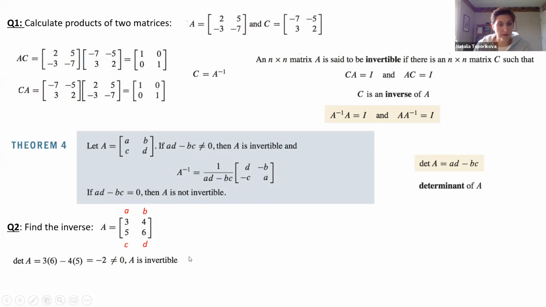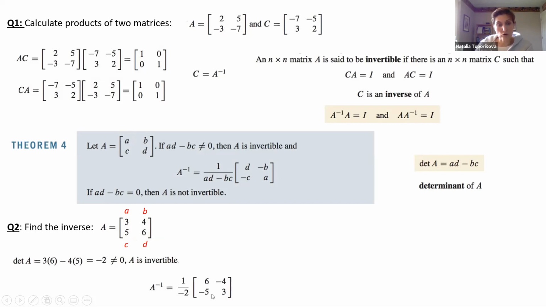Okay, since the inverse matrix exists, let's find it using our nice formula. What's the inverse of matrix A? Again, we take the determinant, which we just found, and put it in the denominator, so we have 1 divided by -2. Now we need to multiply it by the modified matrix. As we said, we take the left diagonal elements and switch their places, so our A, which is equal to 3, goes to the lower right corner, and our 6, which is D, goes to the upper left corner.